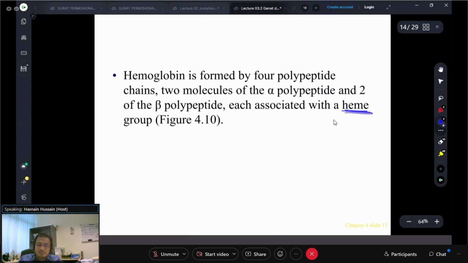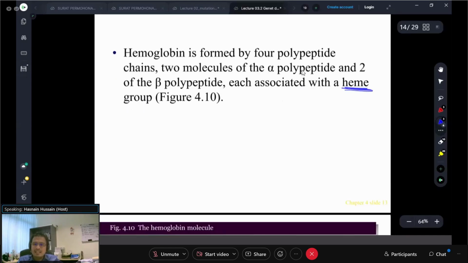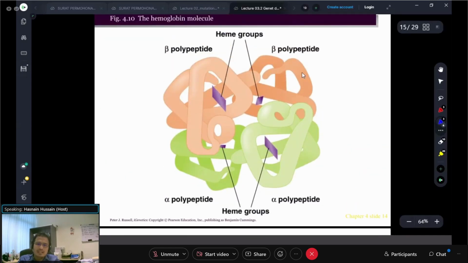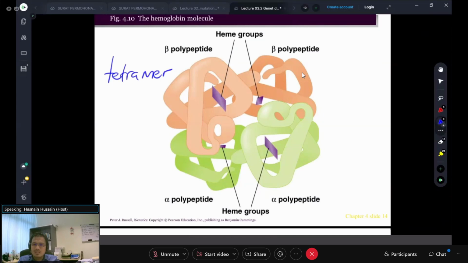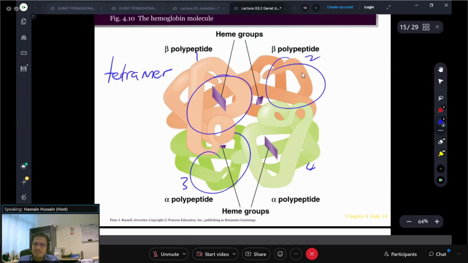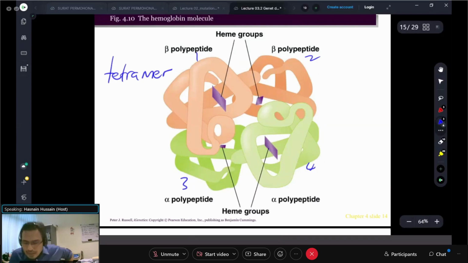The heme group can link to those four polypeptides. So hemoglobin is actually a tetramer, because it has one polypeptide, two, three, four. So it's a tetramer.